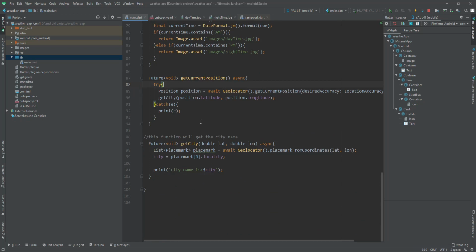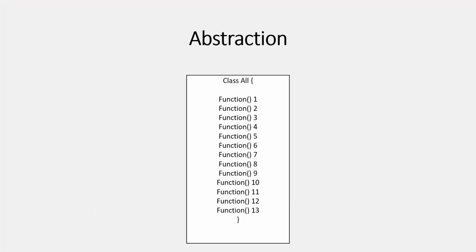So in OOP, object-oriented programming, they have this concept of abstraction. What does abstraction mean? Let's see in the following example. Instead of having a very long class with too many functions, we can break this class into many different classes.